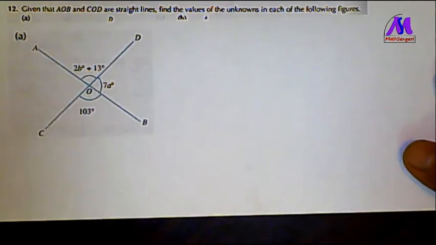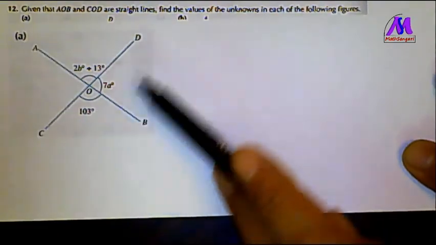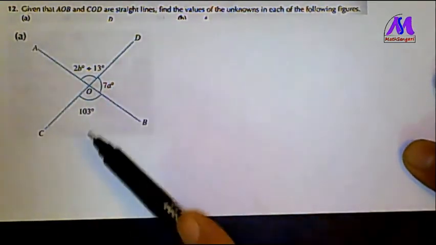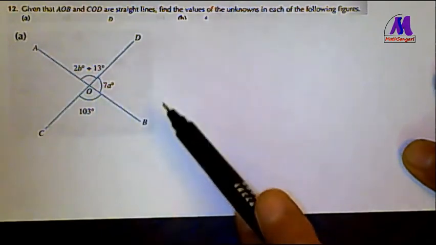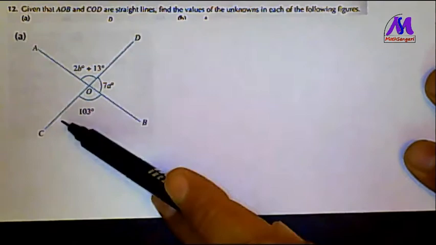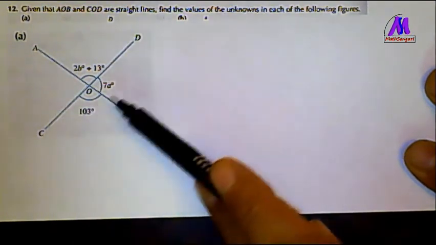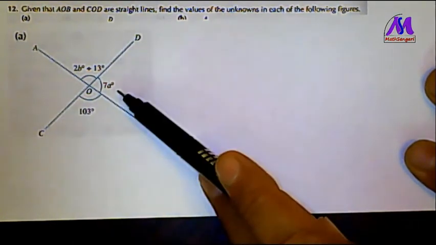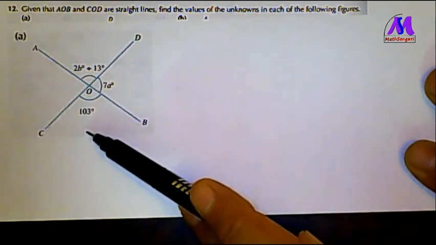Question number 12. Given that AOB and COD are straight lines, find the values of the unknowns in each of the following figures. Here both lines intersect each other at a point O. If you concentrate here, CD is a straight line, and these are the two adjacent angles on a straight line, 7A and 103.